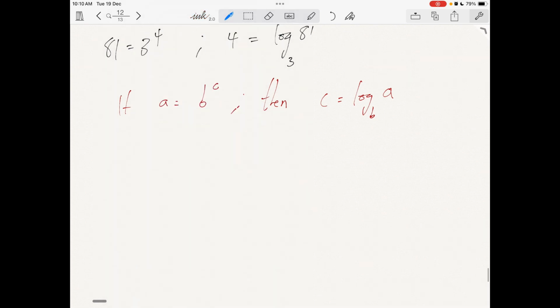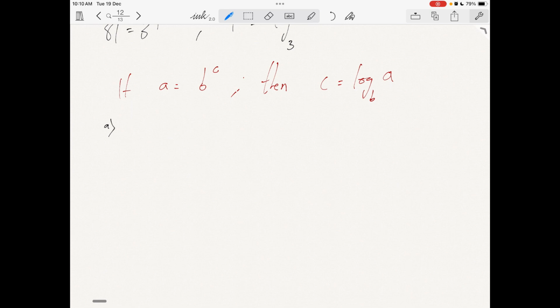So a question can come in handy and say, what is x if x is equal to log 16 to base 2? Definitely we've seen this before. So in this case our x is c, our 2 is b, and our 16 is a.